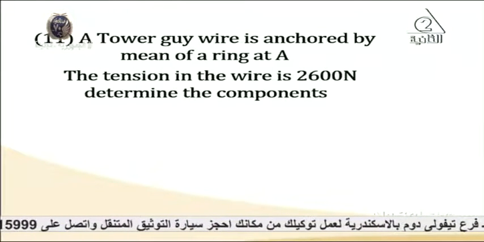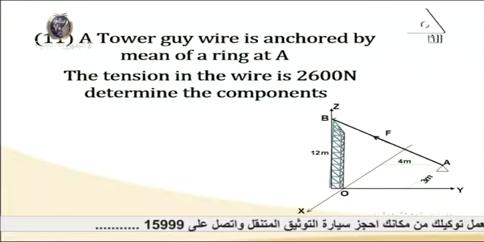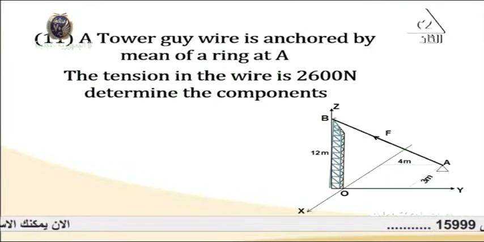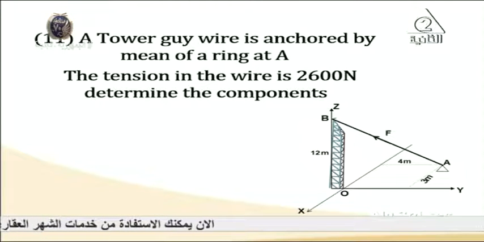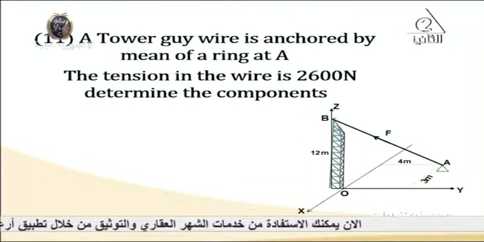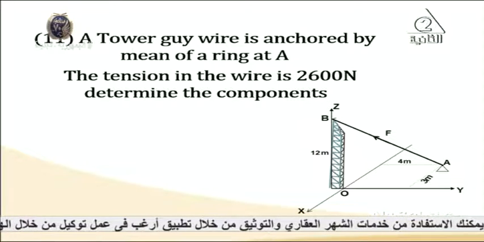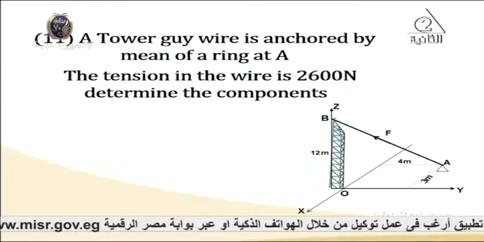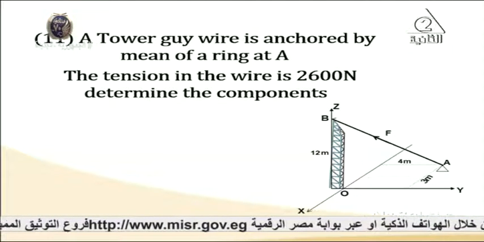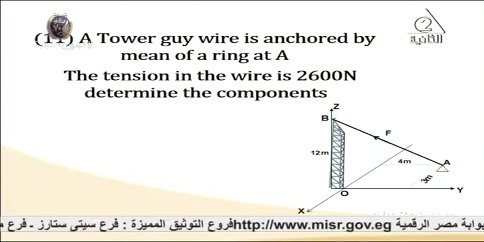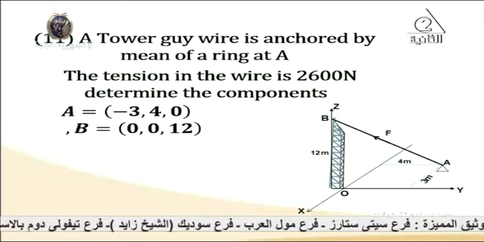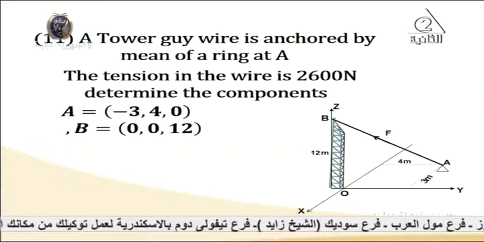Look, my dear student: a tower guy wire is anchored by means of a ring at A. The tension in the wire, this is the force, is 2,600 Newton. Determine the components. Look at the figure. Point A is (-3, 4, 0).